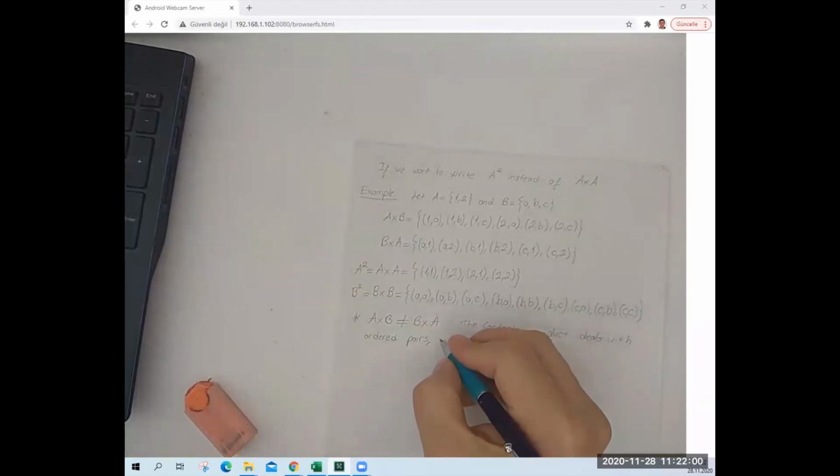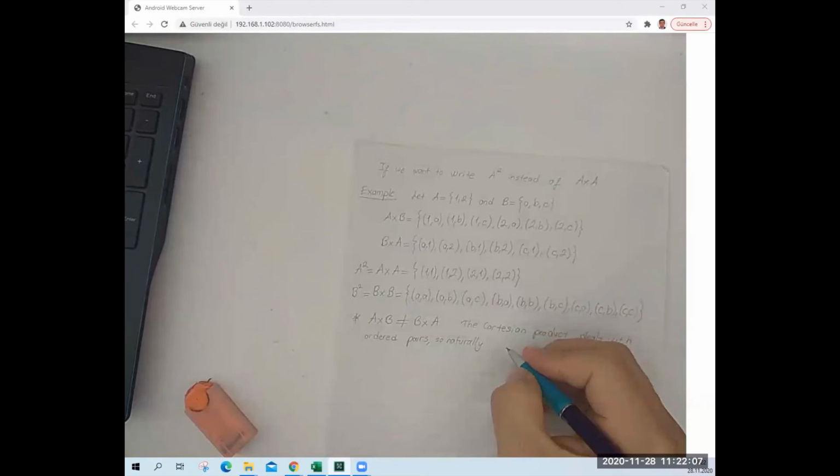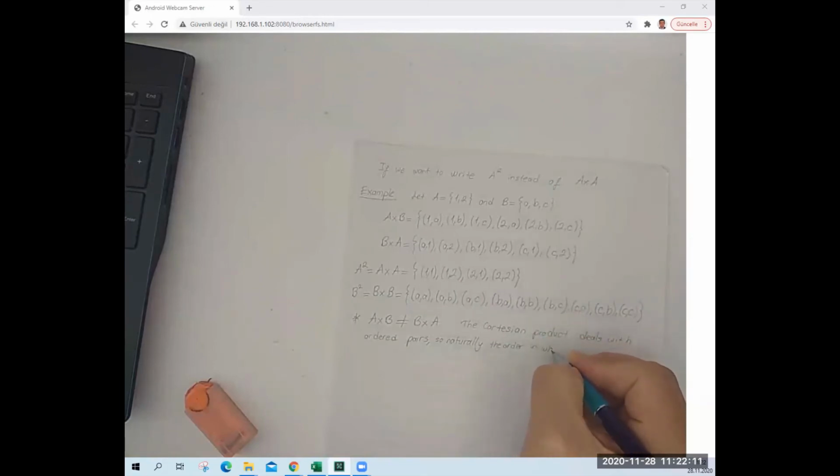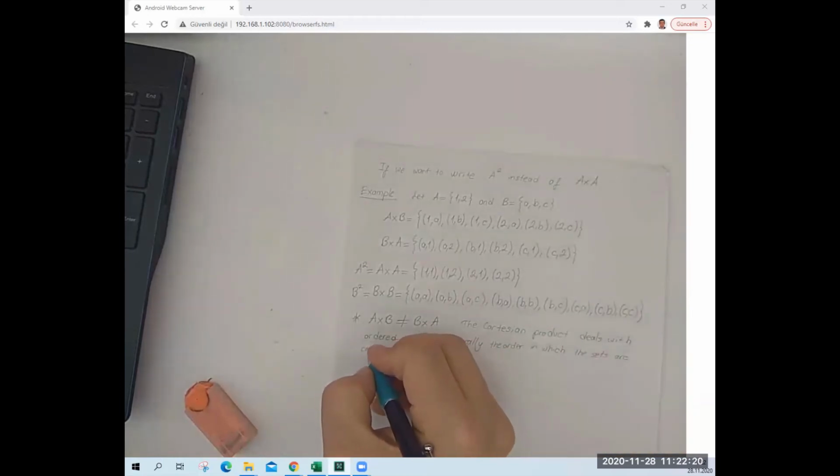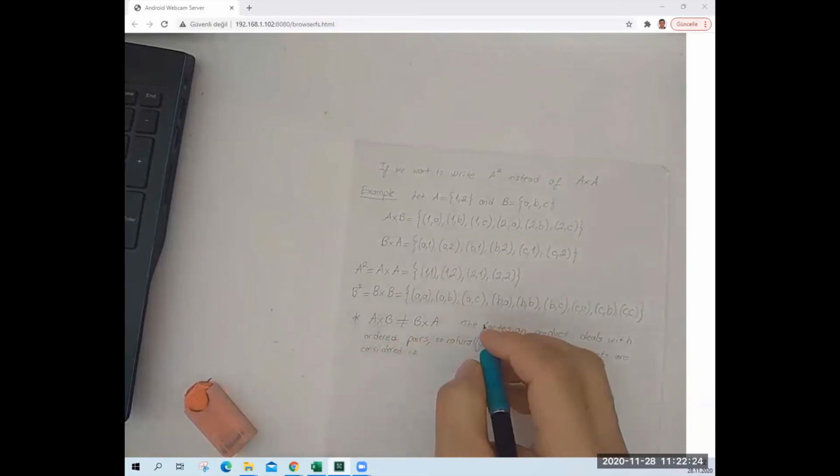So naturally, the order in which the sets are considered is important.